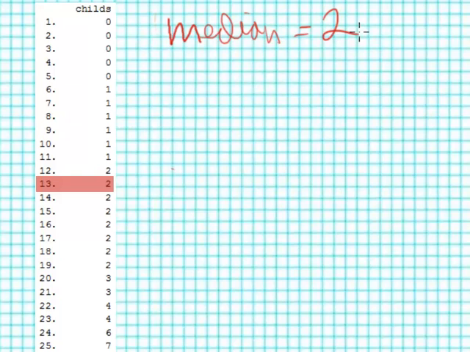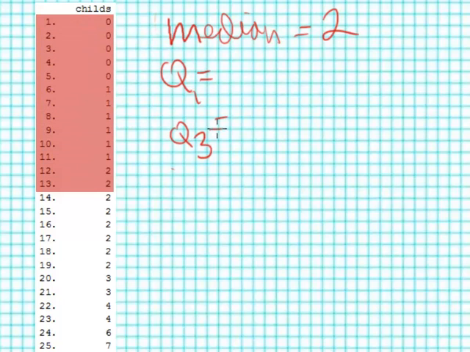Now we're going to go ahead and figure out our first quartile and our third quartile. To do this, we're going to take this distribution and divide it in half. We'll take the lower half first, cases 1 through 13, and find the median value there. Again, there's an odd number of cases in this subset, so there will be a single middle case.